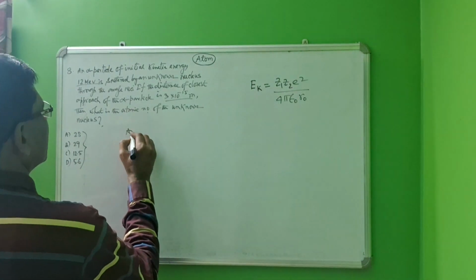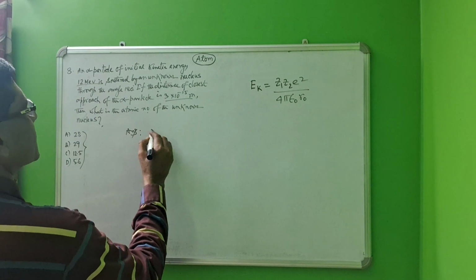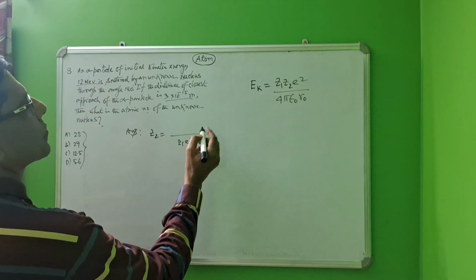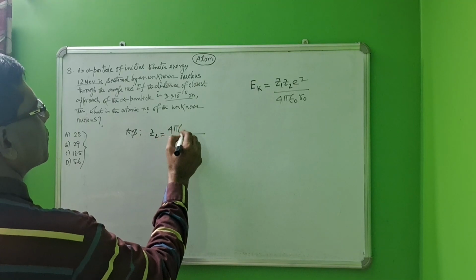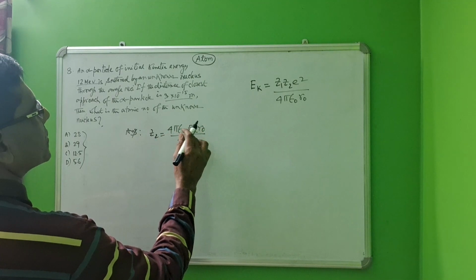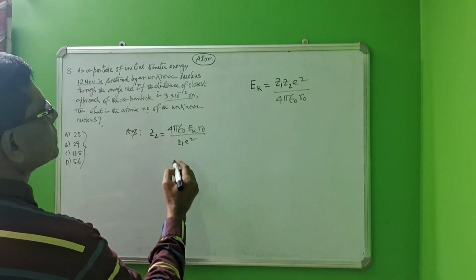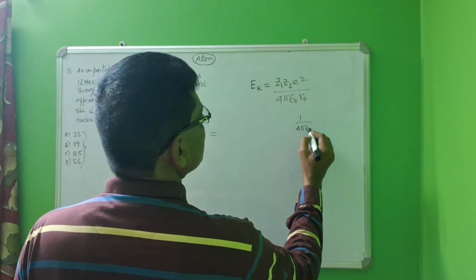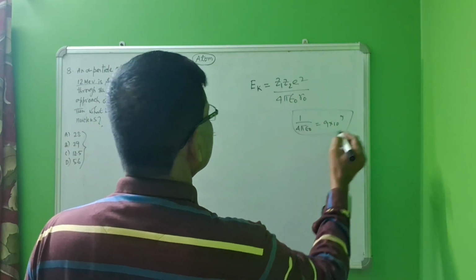So from this you can write Z2 equals Z1 squared... 4 pi epsilon 0 EK R0. We know 1 by 4 pi epsilon 0 equals 9 into 10 to the power 9 in the SI system.